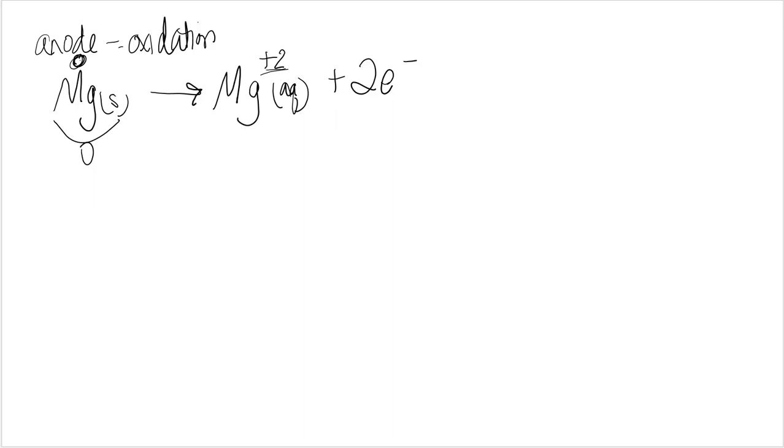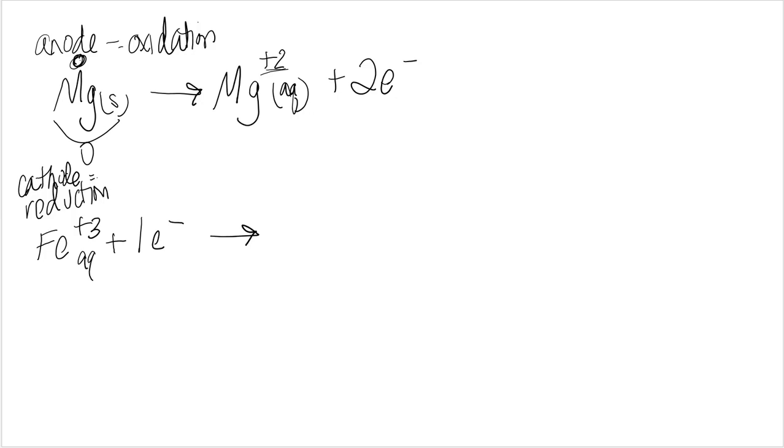All right, then I also have my cathode, where reduction is happening, and that's where I've got my Fe+3 plus 1 electron, and this Fe+3 is in aqueous solution, to give me my iron +2 aqueous solution.